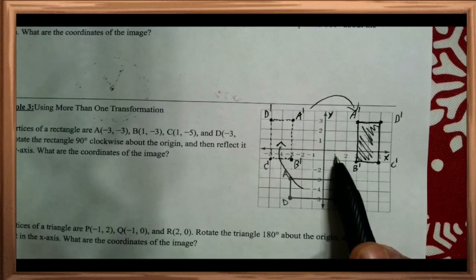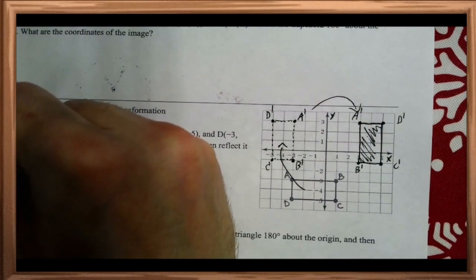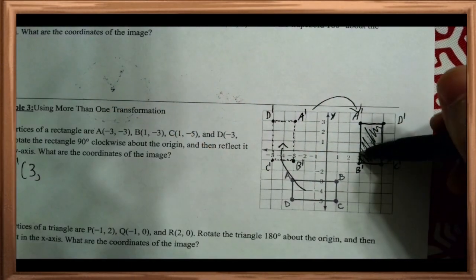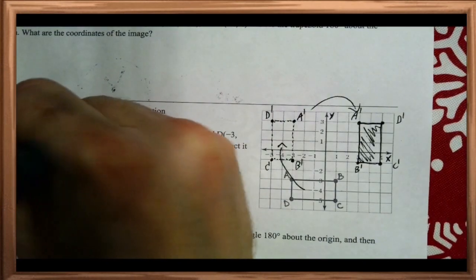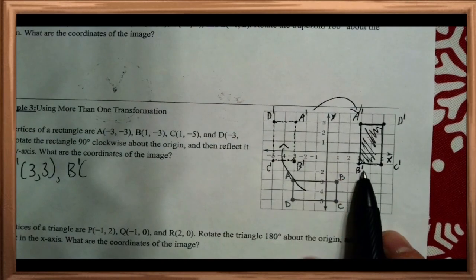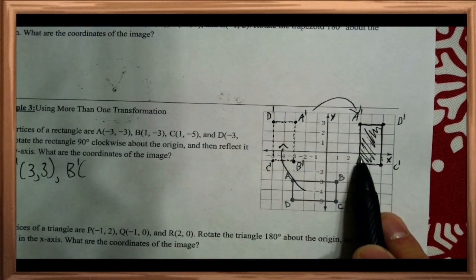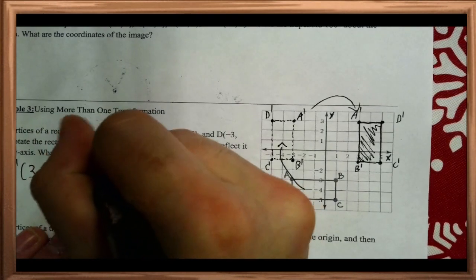We have 1, 2, 3, so A prime is 3, and then how high up is that? What is the y-coordinate? Well, that's just 3. Our final B prime is 3 to the right, and then 1 down, so it's going to be 3, negative 1.